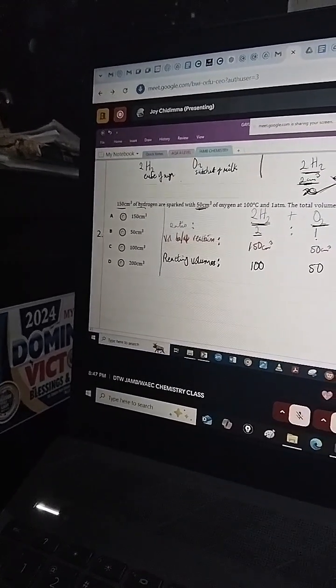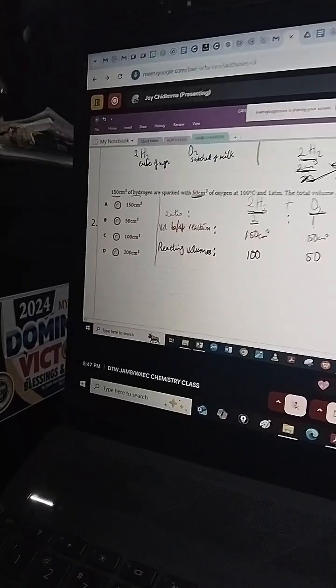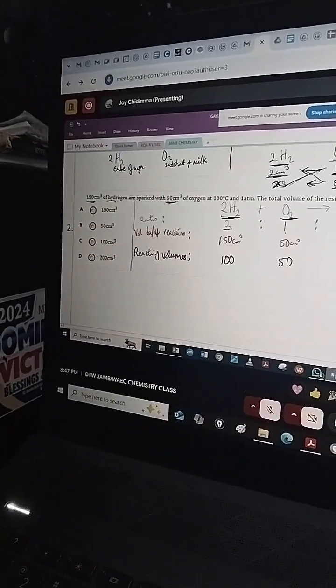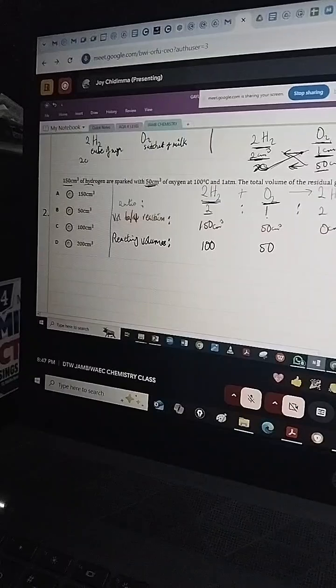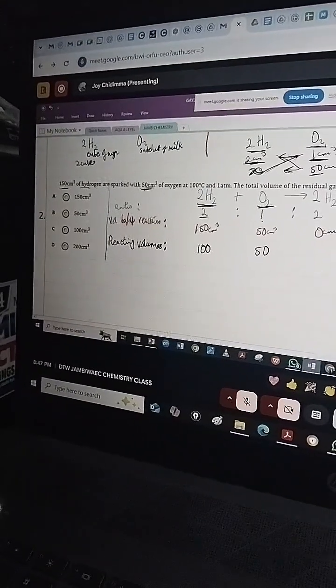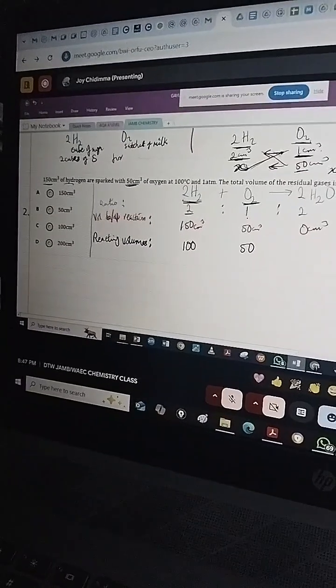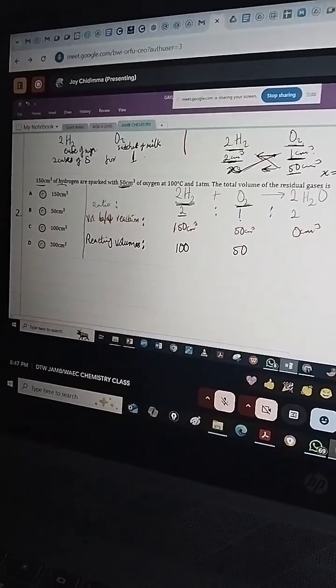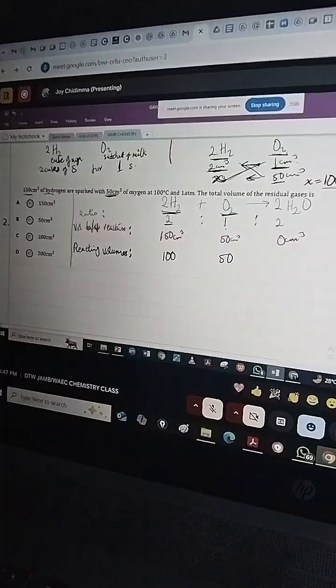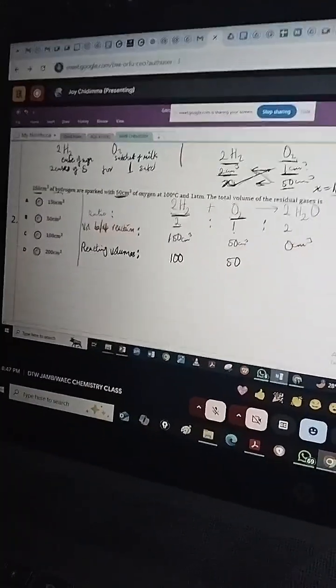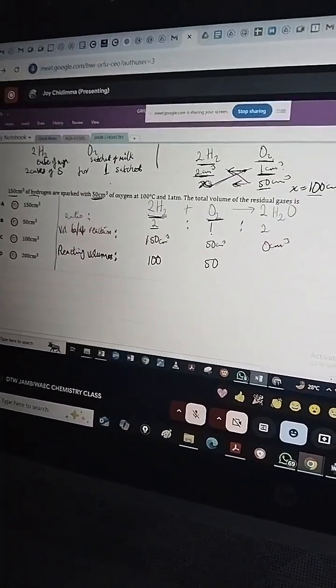For you to make a wonderful tea in the morning, you need 2 cubes of sugar for every 1 sachet of milk. Are you with me, Fortune?